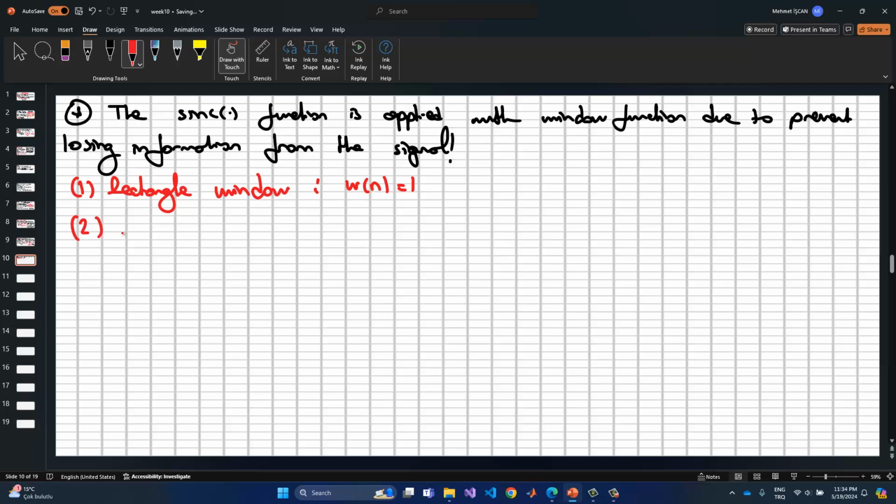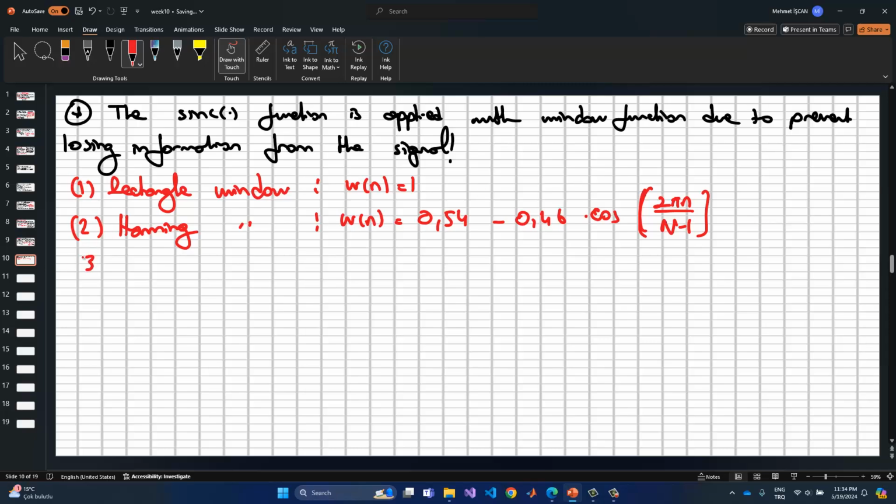In the Hamming window, which is a curvature window, w[n] is equal to 0.54 minus 0.46 times cosine of 2 pi n divided by (N minus 1). Okay, this is like the curvature of these terms.